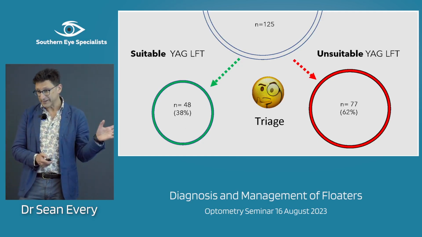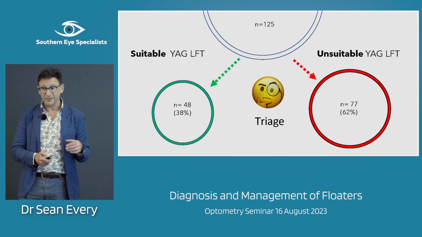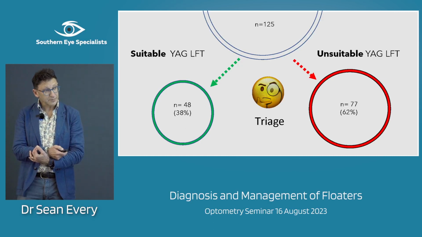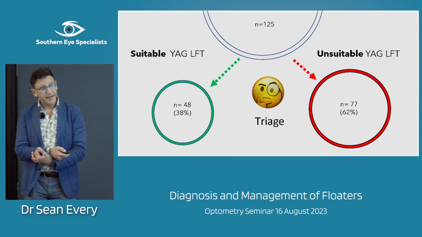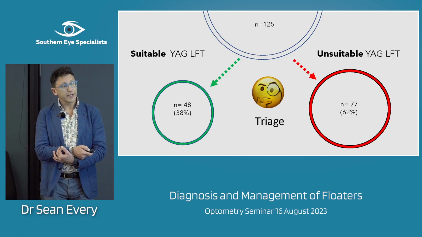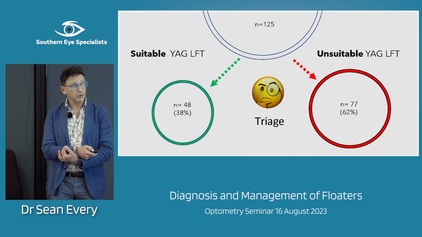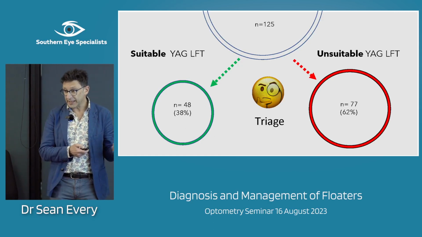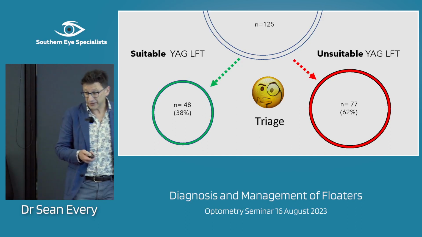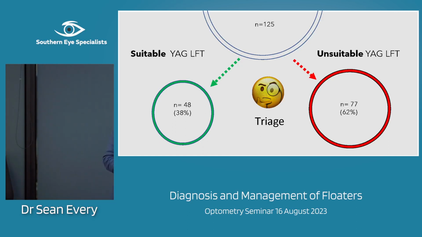It's not inflammatory eye disease, it's not asteroid hyalosis, it's not all the other stuff, it's just PVD related events or syneresis. And so I sat down and thought, well, okay, I reckon 48 or 38% of this overall group are suitable to have YAG vitreolysis, and the rest, the majority of the group, 62%, not actually. And we'll drill down on all of that.